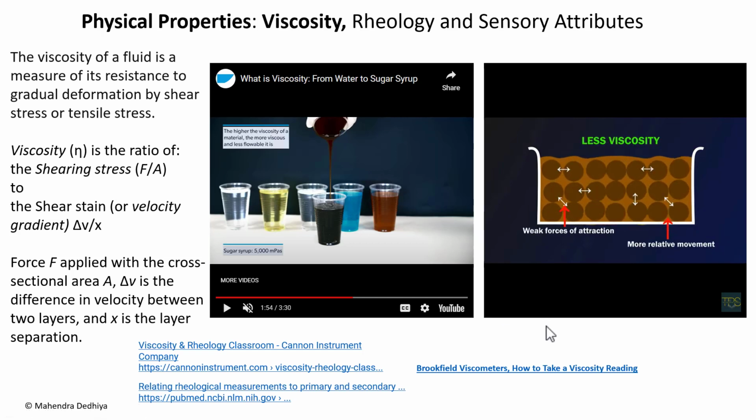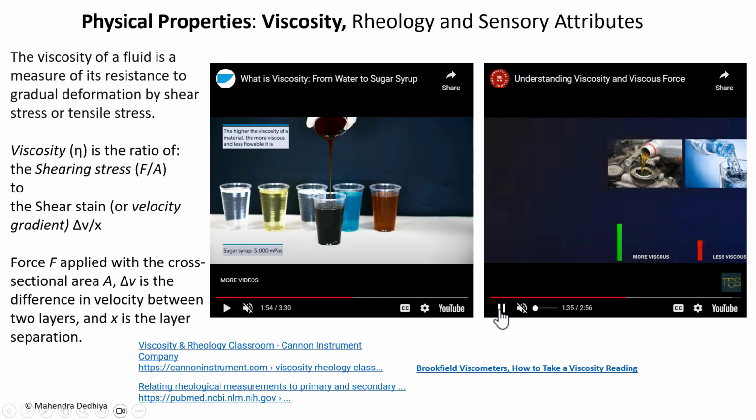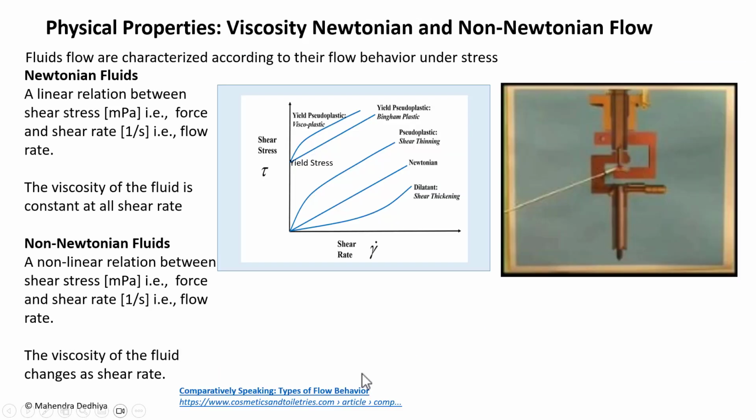Weak forces of attraction, less viscous. Oil is more viscous, water is less viscous. And you can see that at a molecular level. So in addition to understanding numbers, we need to understand sensory perception.